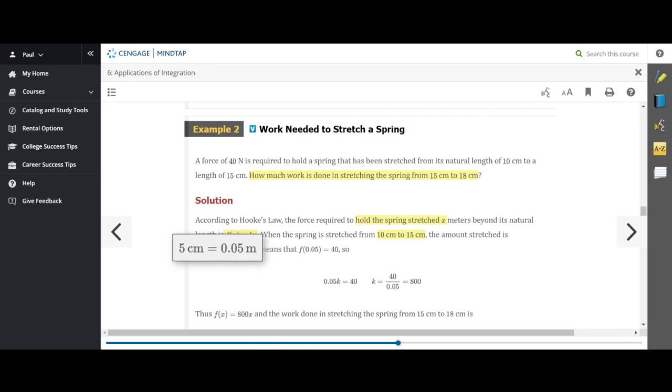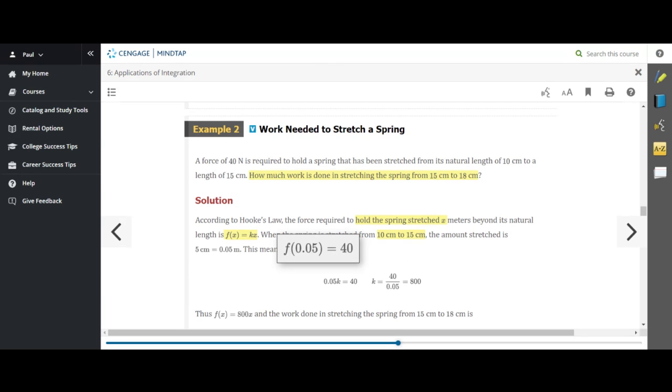So that means f of 0.05 is equal to 40. What we need to find is the spring constant, so we're using information in the problem to find the spring constant.